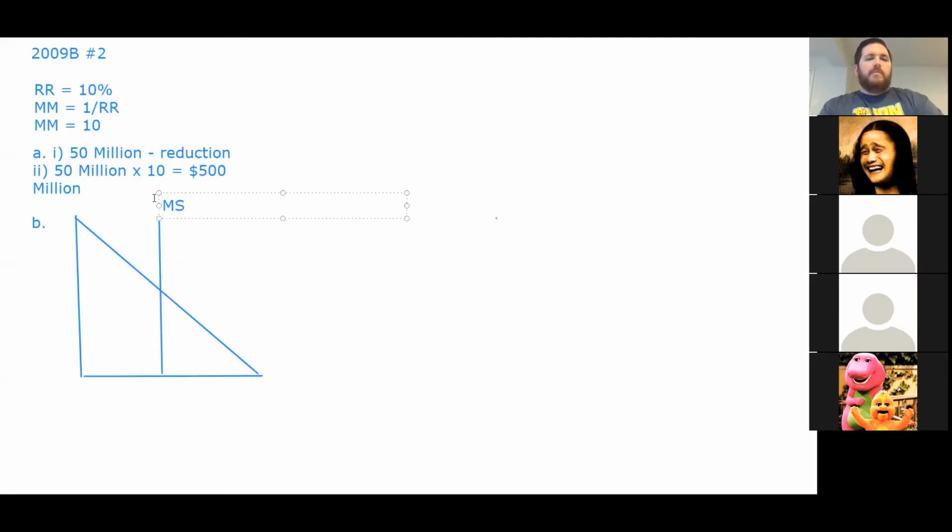All right. So our money market has nominal interest rate on the vertical axis. We have the quantity of money on the horizontal axis. We have our demand for money, and we have the money supply.